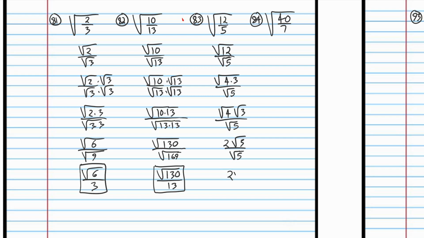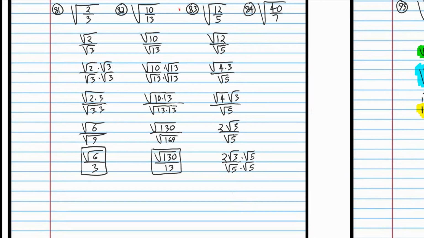So now we're going to rationalize the denominator because we have root 5 in the denominator. We don't want root 5 in the denominator. So we want to get rid of the root 5, so we have to multiply both sides by root 5.